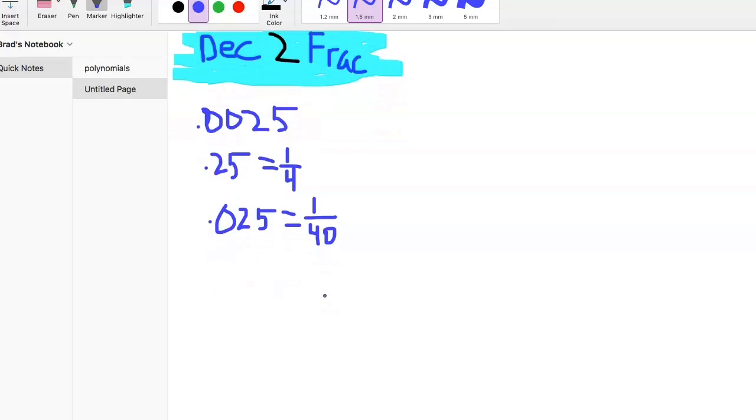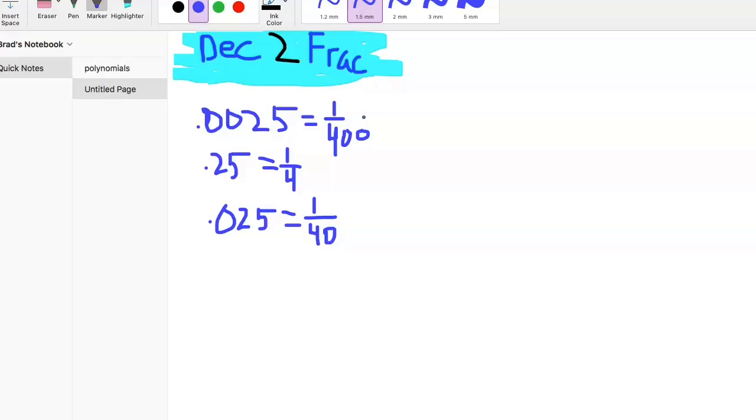And if we look at the question they actually asked us in the beginning, 0.0025: if 0.25 was 1/4, and 0.025 was 1/40th, then when we have two zeros to the right rather than one, we add one more zero at the bottom. We get 1/400. That's our answer.